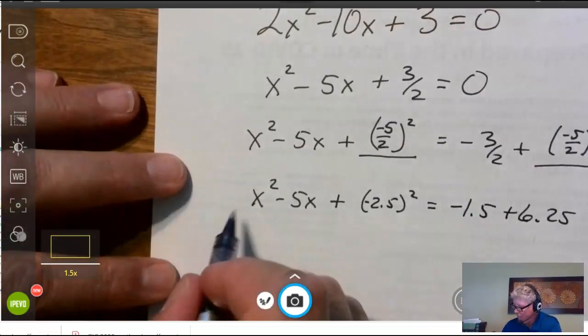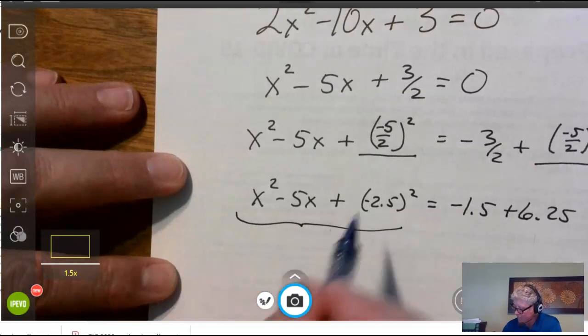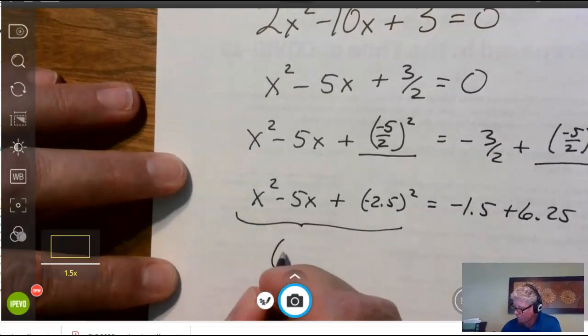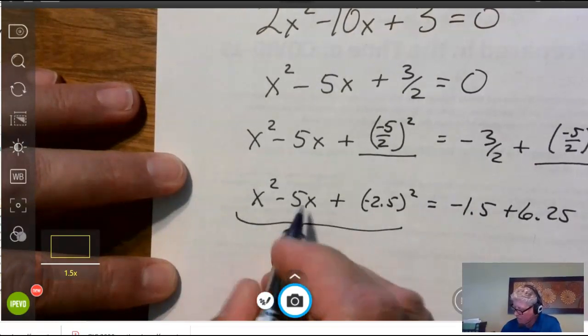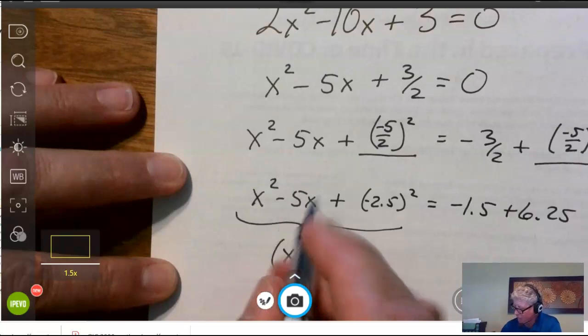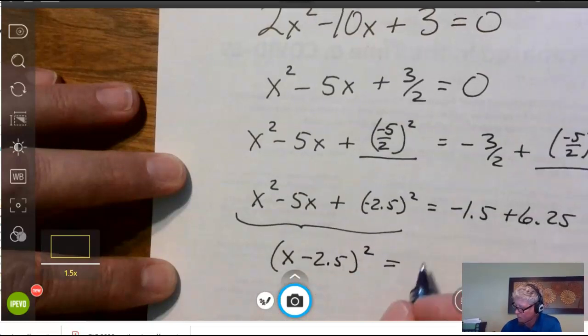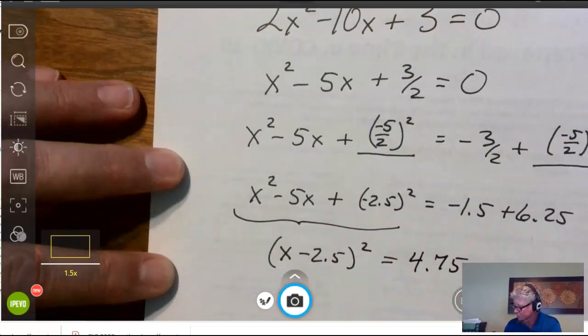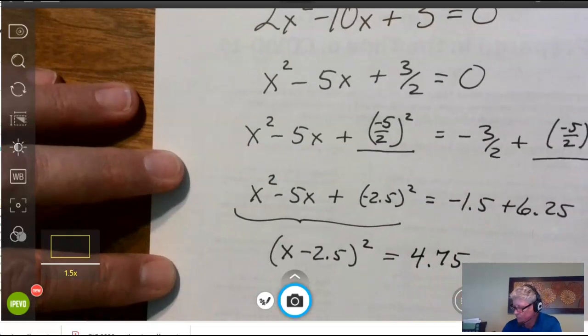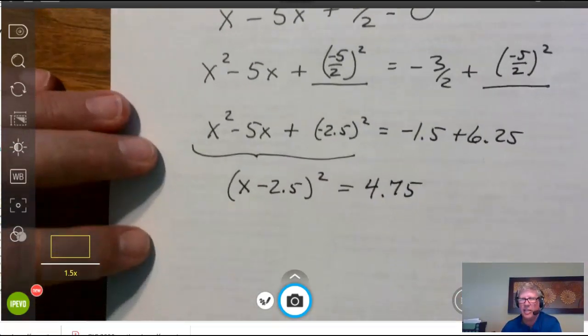Don't care. Now the key is that this is now a perfect square, and it is x, half of this, minus 2.5 squared is equal to, oh, what is that, 4.75? Sorry if I made a mistake there. I think that's right.